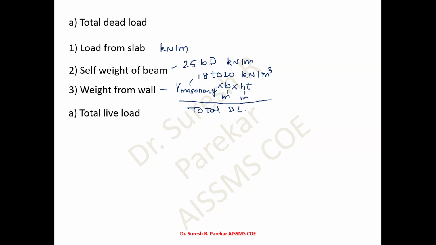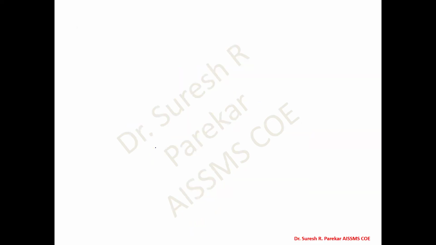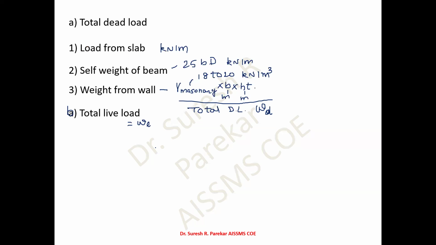So this is B part. In B part, we have total live load. I will mention the dead load as WD only, and this live load I will mention as WL. Then these will be the loads on the beam. Now, when you have simply supported slabs, then you can add this and multiply by 1.5 into WD plus WL, and this will be directly the factored load.